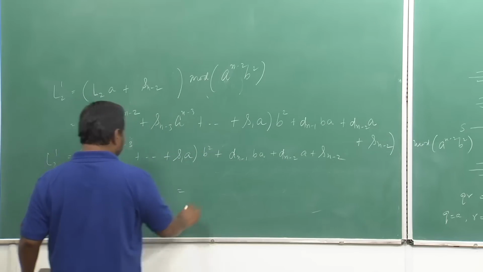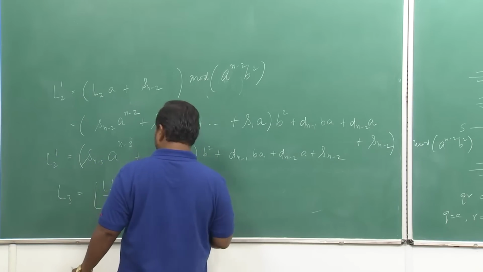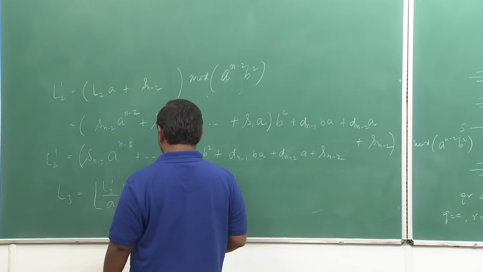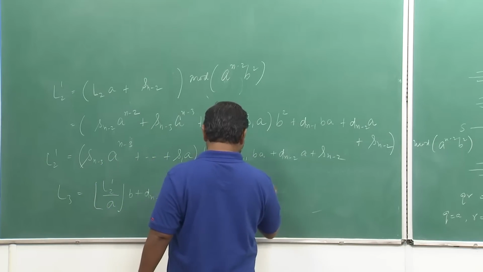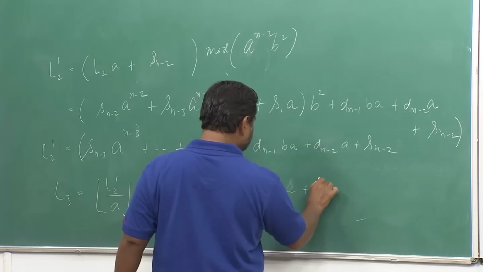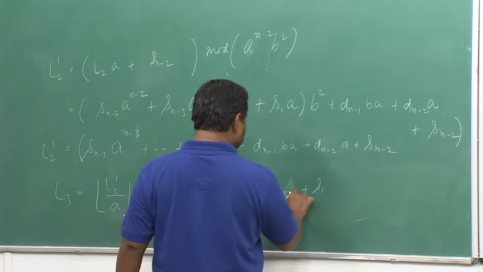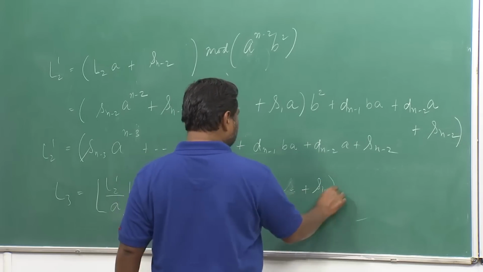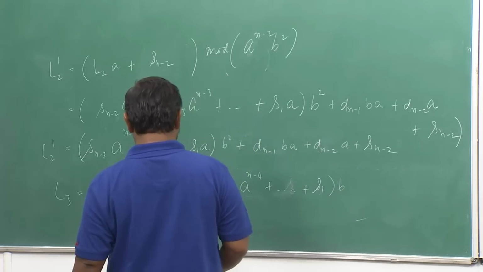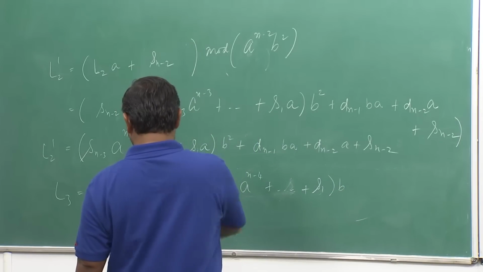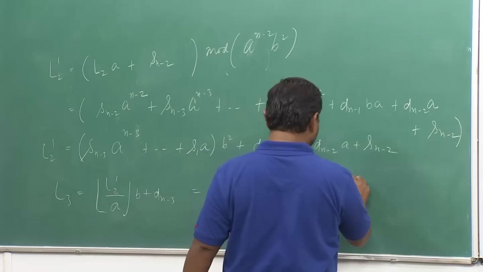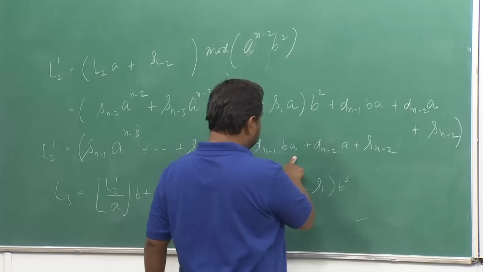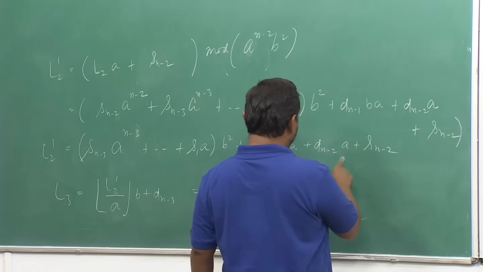So I can do that: Sn minus 3 a raised power n minus 4, plus and so on, S1 into B, it has to be B cube now, plus these A's will be going out.